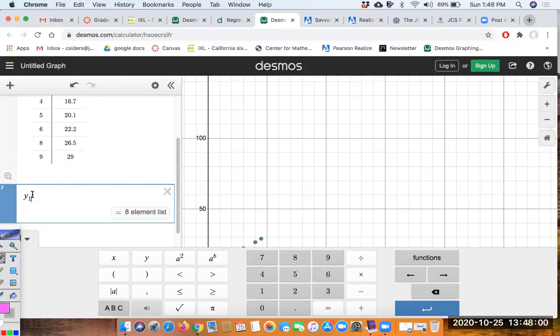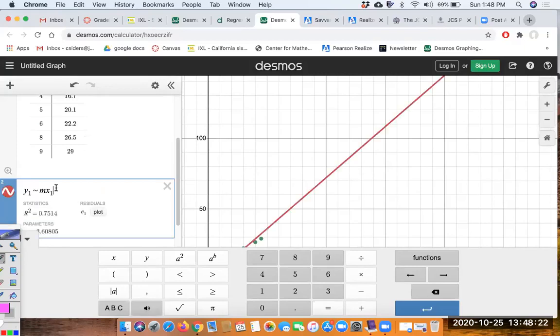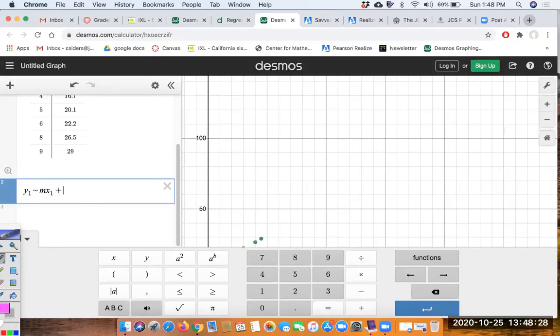And then you have to click off of it to go back in the middle line. And then you find the tilde. On my computer, the tilde is shift, and up in the left-hand corner, it's that round little thing. And then comes the slope, m, and then comes the x, but you have to go shift underscore to make it that sub 1. Click off of it to bring your cursor back in the middle, and then plus b.